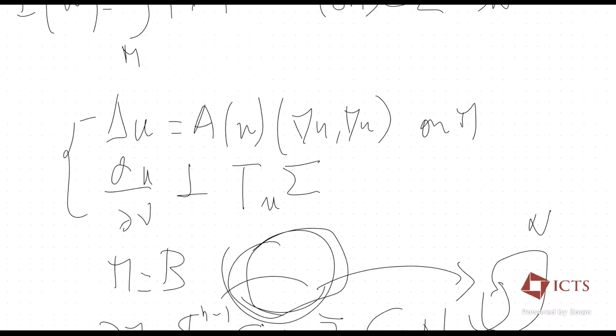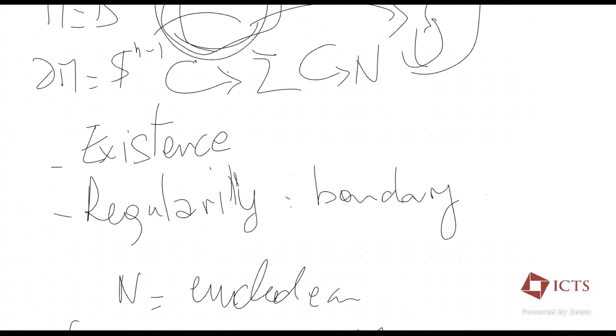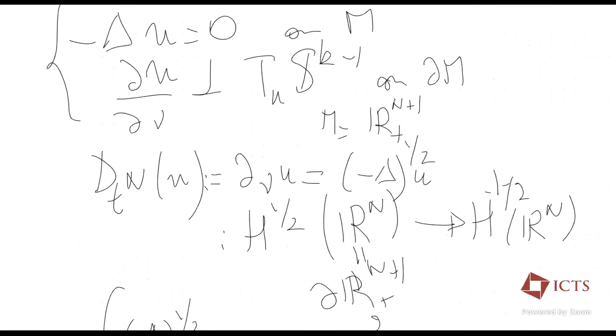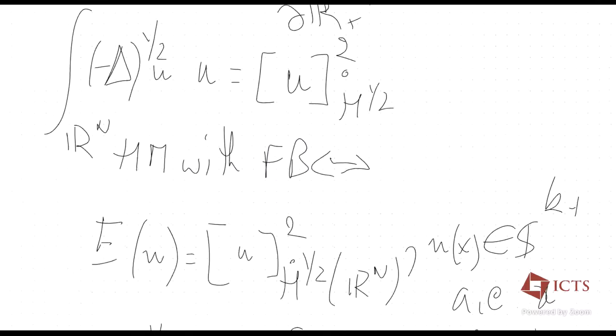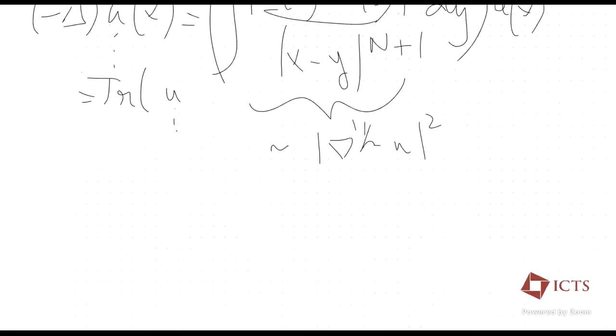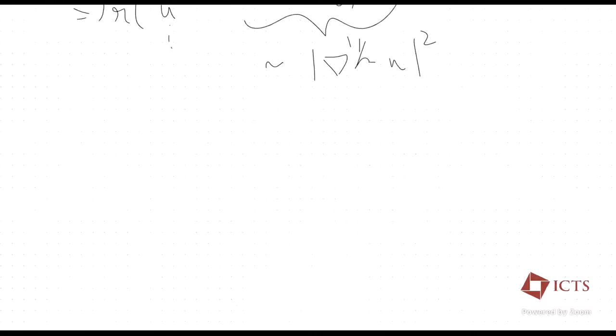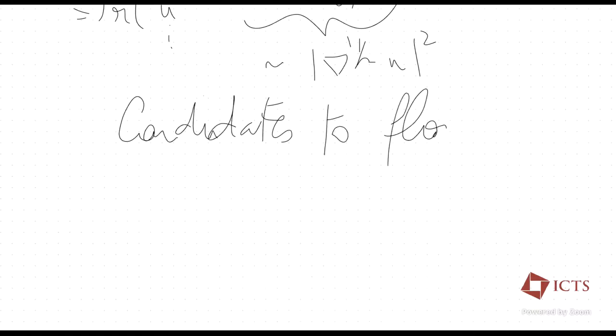Okay, so what I will describe next time, and let me finish with that, is basically two flows which are candidates to flow harmonic maps with free boundary. So you ask yourself the same problem as the homotopy problem.